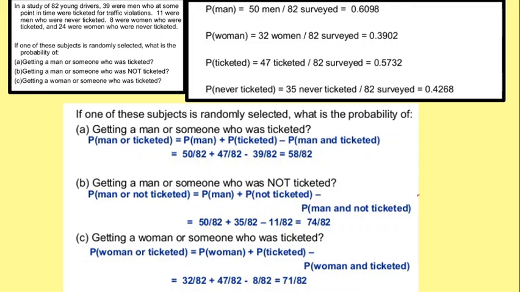The probability of both happening was 11 out of 82, which gives 74 out of 82. Last one, a woman or someone who was ticketed. A woman is 32 out of 82, ticketed is 47 out of 82, and both happening was 8 out of 82. So that means it's going to be 71 out of 82.